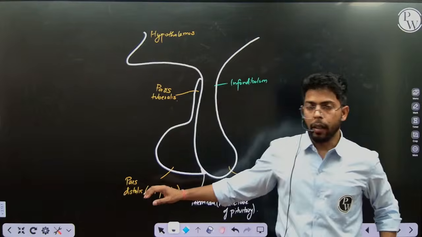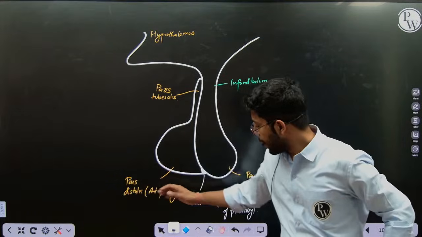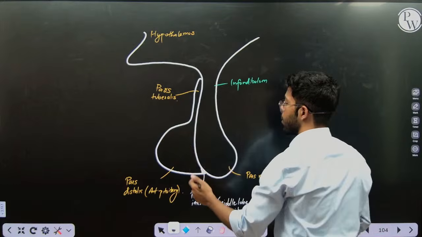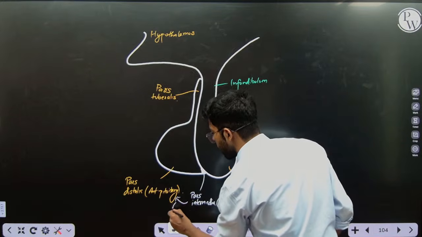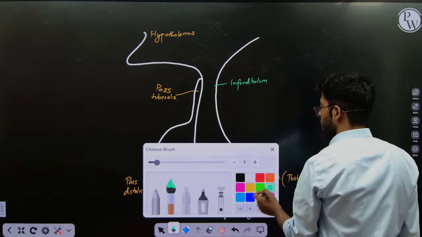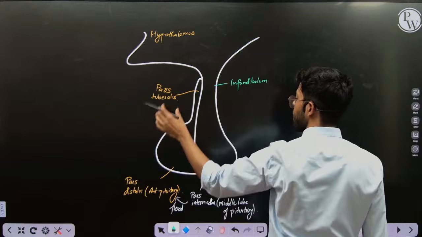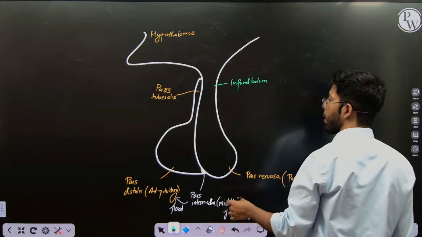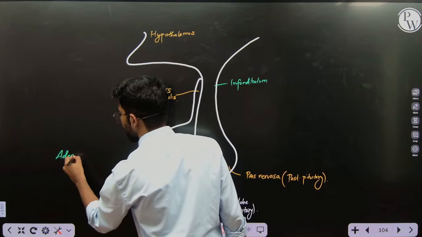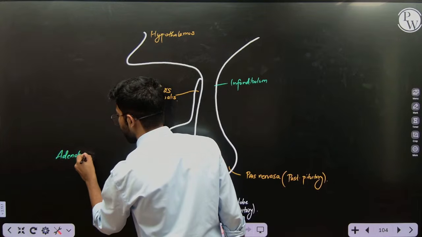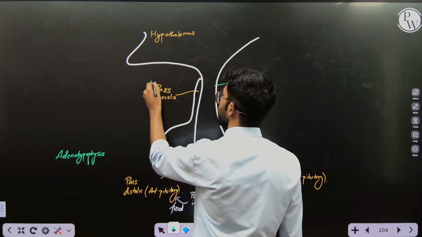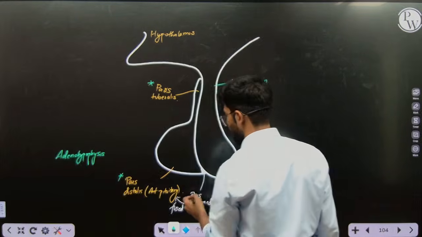In humans, the pars intermedia is fused with the pars distalis region, the anterior pituitary. Pars tuberalis, pars distalis, and pars intermedia are collectively called the adenohypophysis.